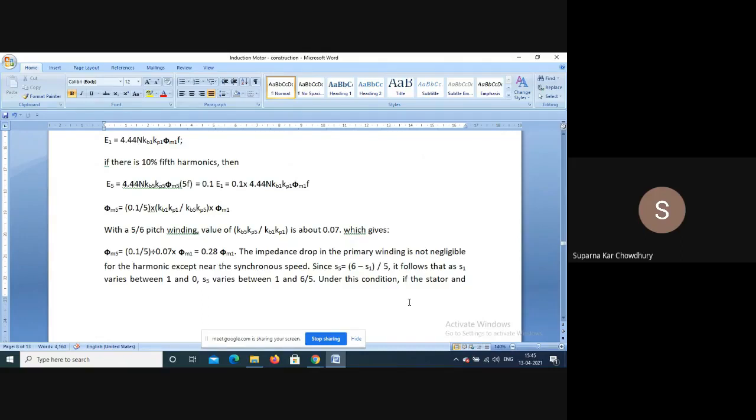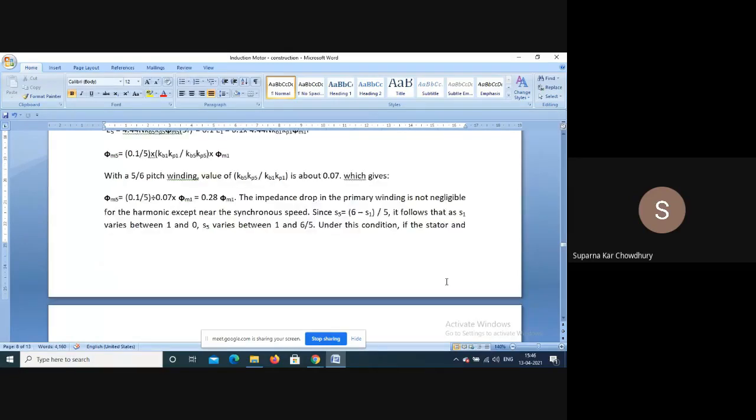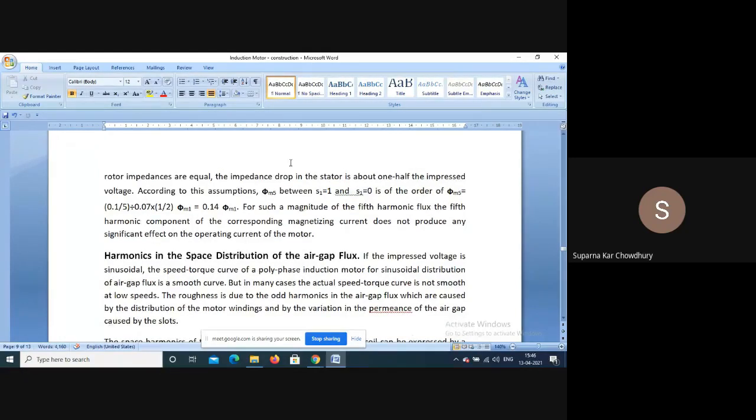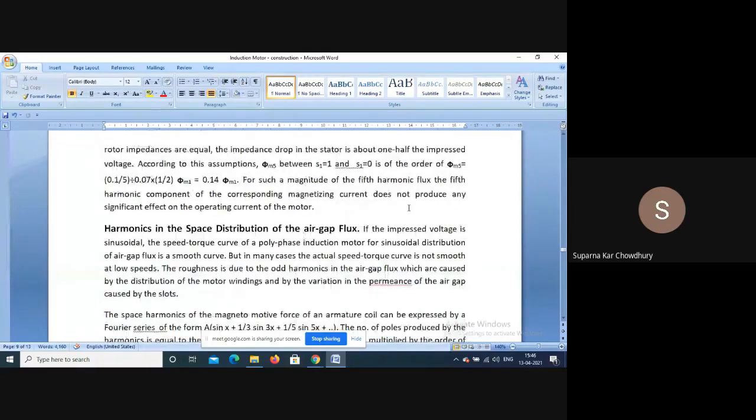But since S5, which we derived earlier, is 6 minus S1 by 5, it follows that as S1 varies from 0 to 1, S5 varies from 6 by 5 to 1. Under this condition, if the stator and the rotor impedance are equal, the impedance drop in the stator is about 1/2 the impressed voltage, because here the value will be large, so the impedance drop will be large.